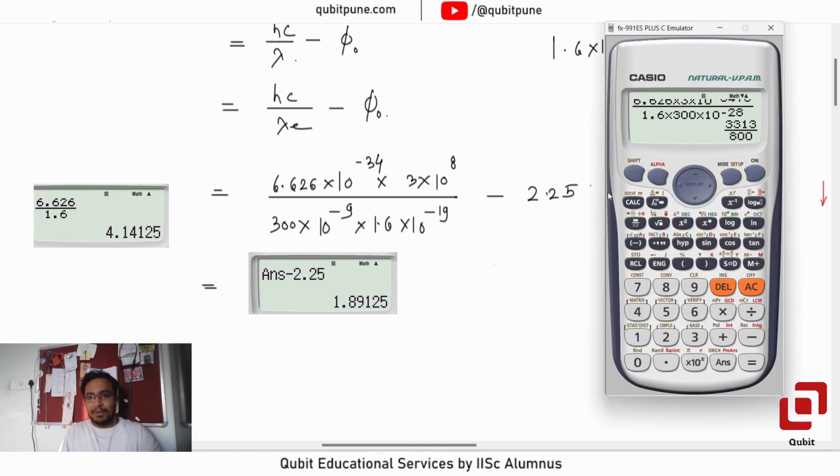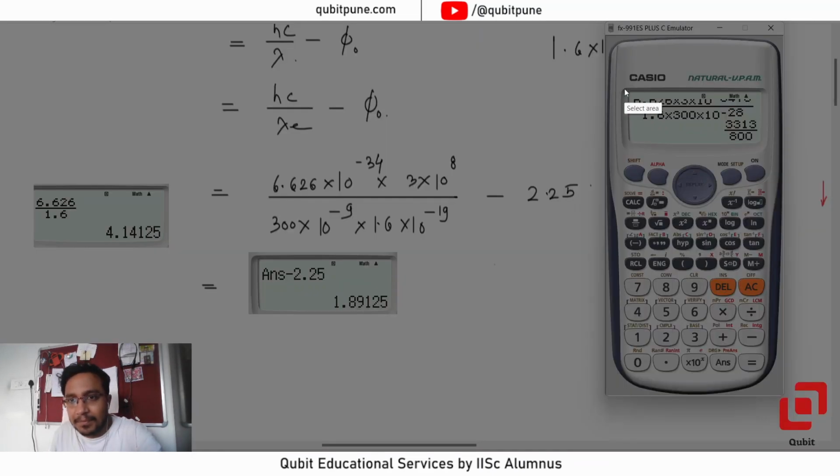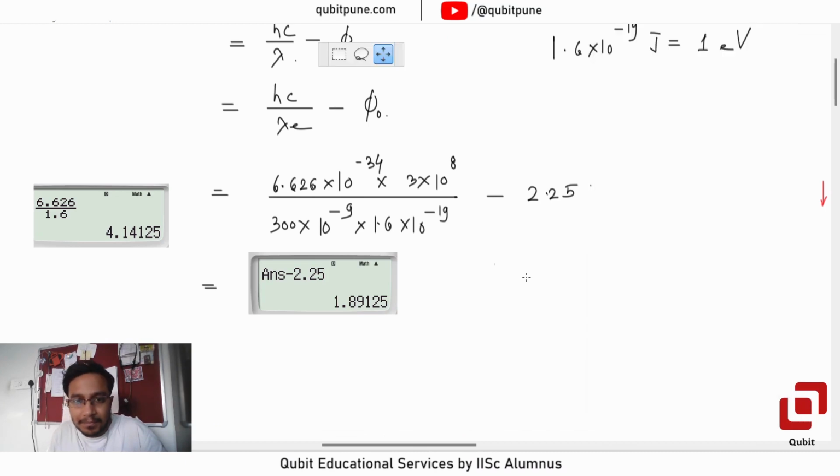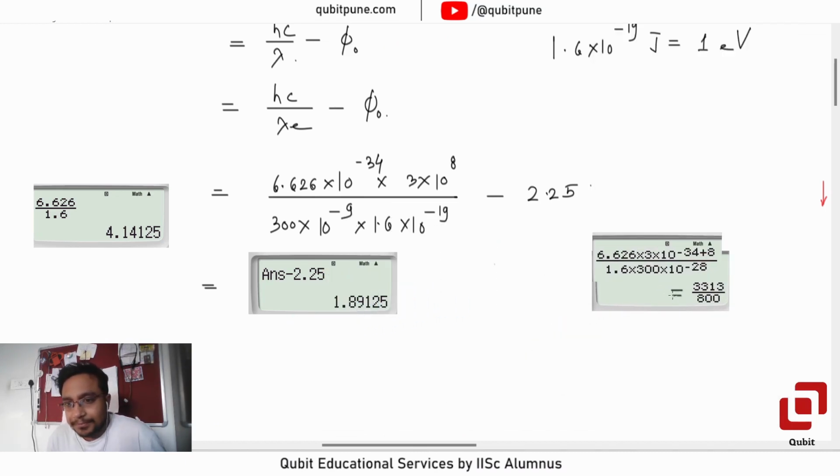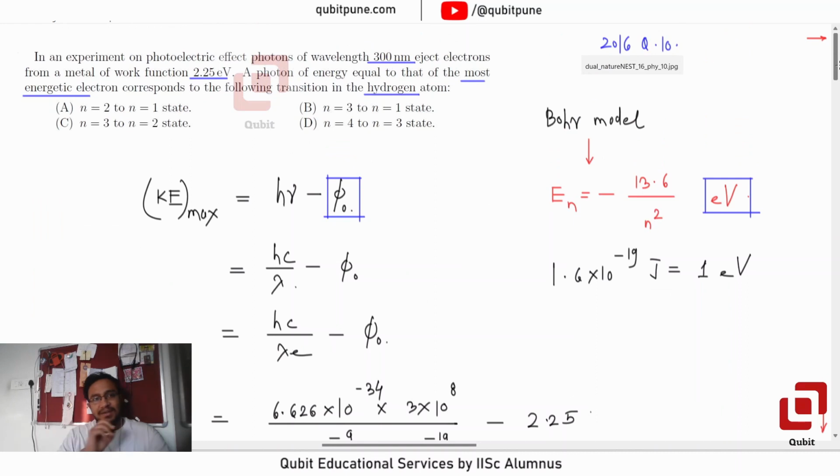I will also put the previous calculation here. So that's now 1.89125 electron volts. And now we have to decide which two states will give that transition, right? So let's invoke this Bohr model formula now.